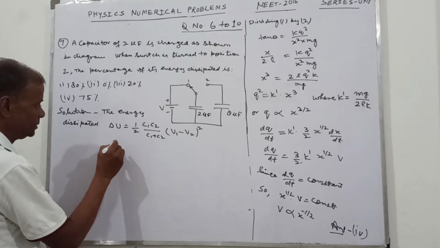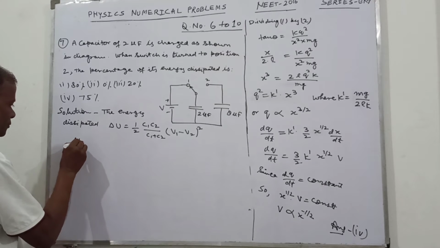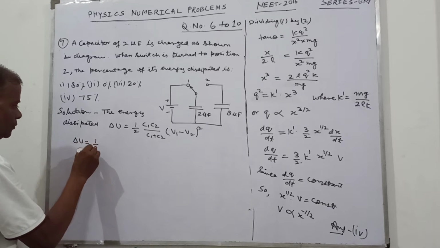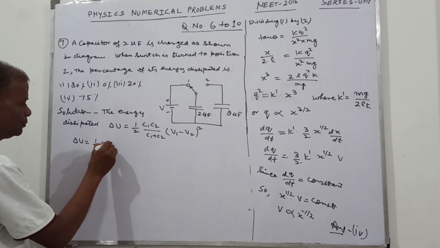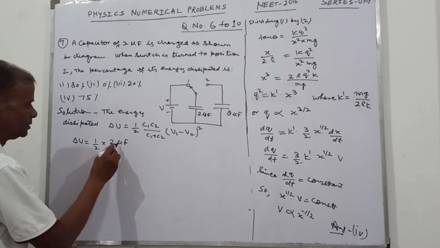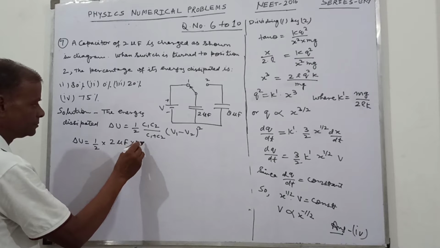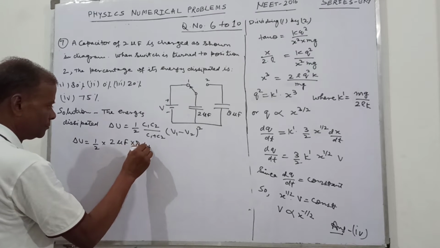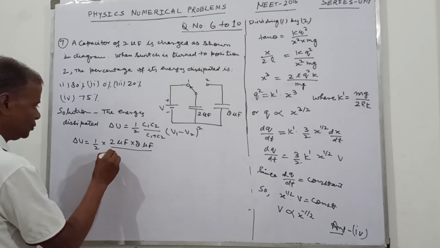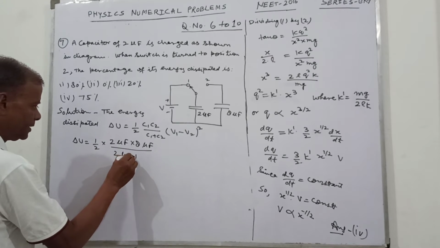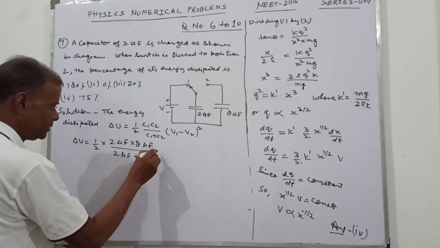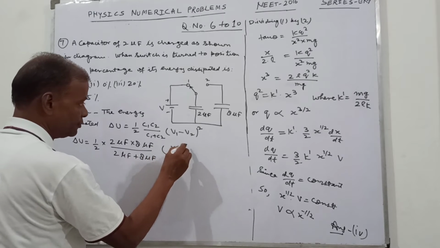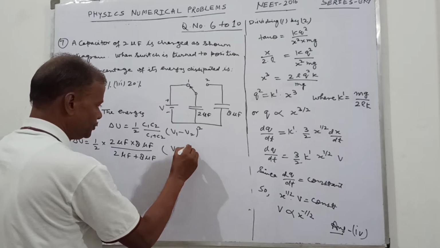So this is delta U equal to 1 by 2, this is now your 2 microfarad into 8 microfarad upon 2 microfarad plus 8 microfarad into V1, which is now V, and V2 is 0.